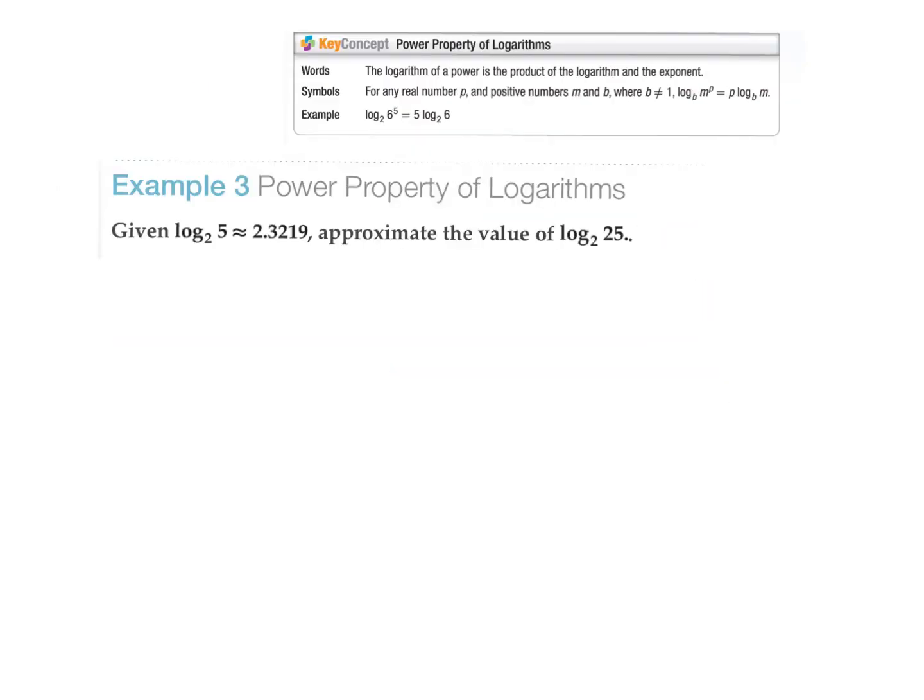Okay, this last type of problem is the power property. The power property simply means if you have an exponent, so if you look at the property up here, see 6 to the 5th power, that 5 can actually be written as a times sign in front of the log. So if we want to find the log of 25 base 4, we can rewrite that as 5 to the 2nd power.